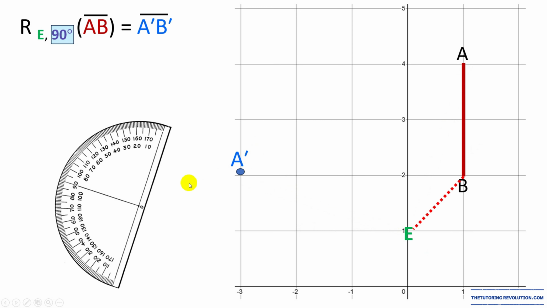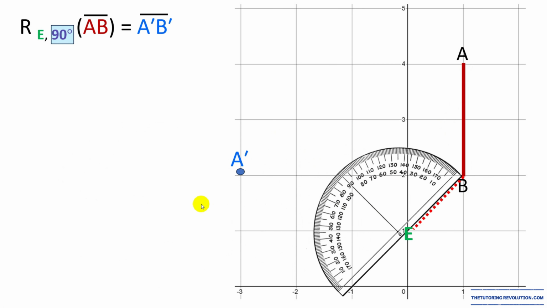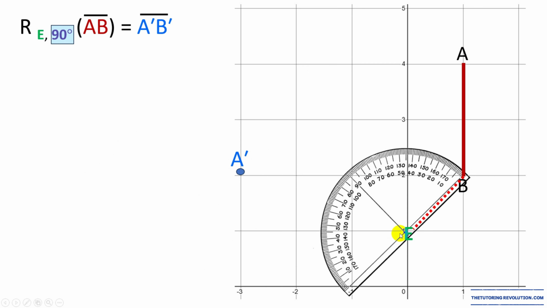Now we're going to do the same for point B. Again, we always have to draw a segment between the center of rotation and the point that we're going to rotate. We put our protractor there, aligning the center of rotation with the middle of the protractor.